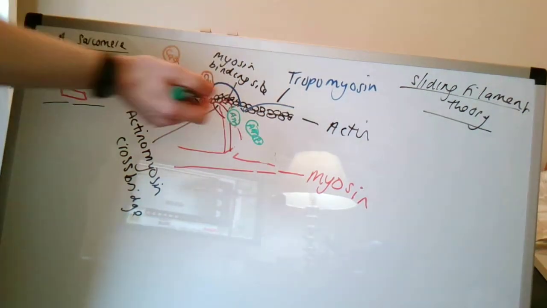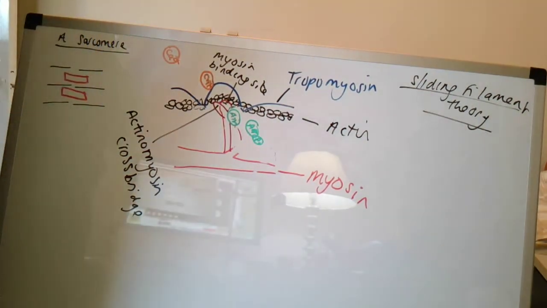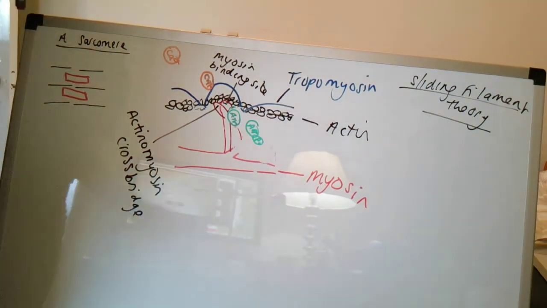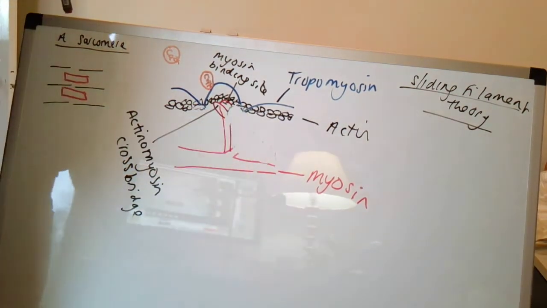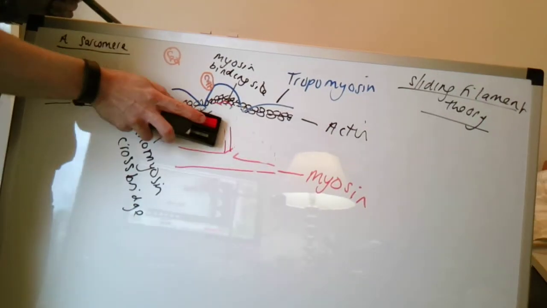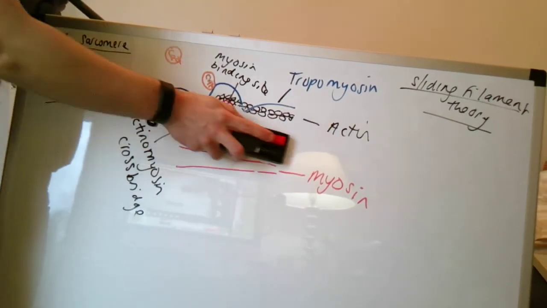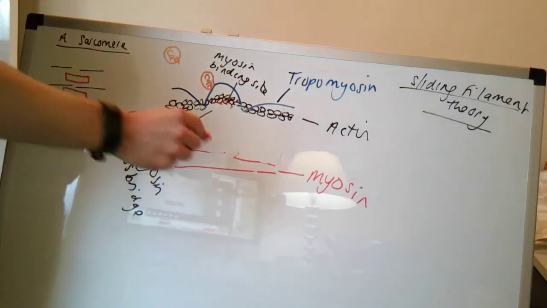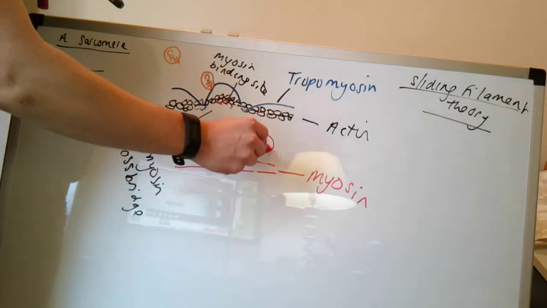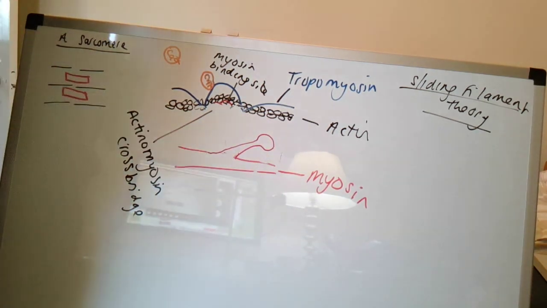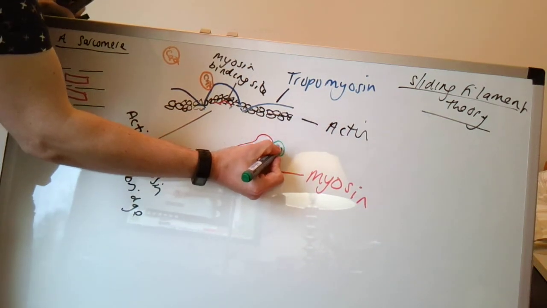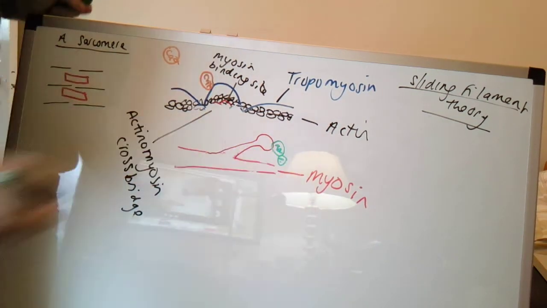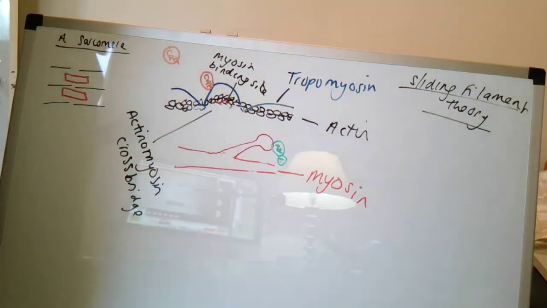Because that then binds to the myosin head, that then causes the myosin head to change shape, and then it is released from the actin filament, and it returns back to its original position, with the ADP and the inorganic phosphate still attached, ready for the next cycle. And that is called the recovery stroke.